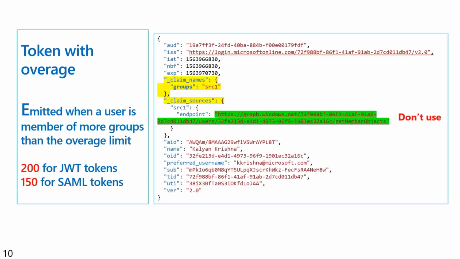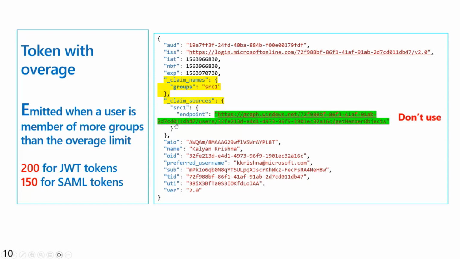So let's go and take a look at what the group overage claim looks like. Here you can see when I look at the token and I look at the claims in the token, I can see that the groups claim is not here, right? There is no groups claim here.